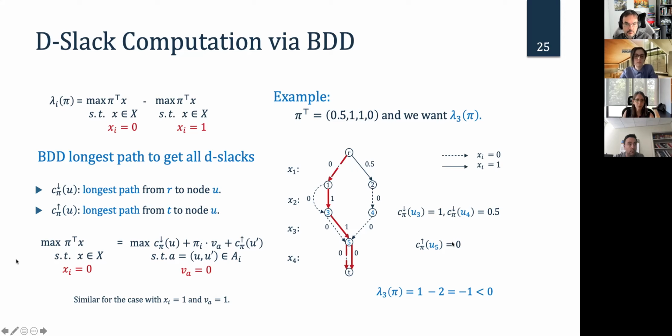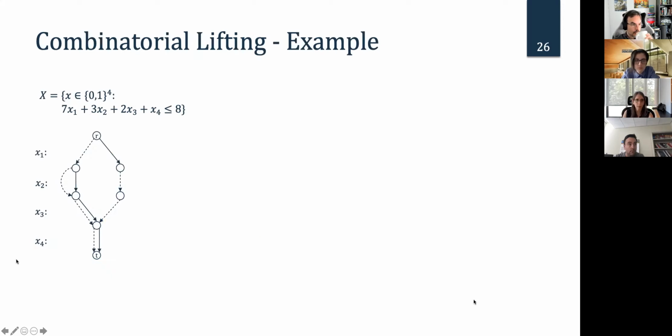I do all the differences of the arcs, basically compute this value here, and I get that my lambda 3 should be 1. That is the maximum if all my arcs have value 0. So it will be, for instance, this case 1 and then 0, 0, and 2 if my arcs have value 1. So the slack would be -1, so we can rotate the inequality.